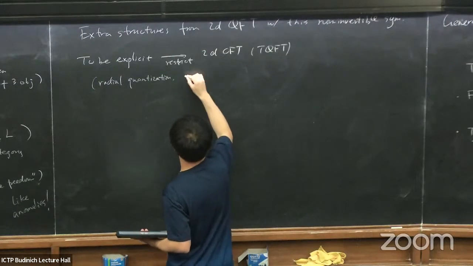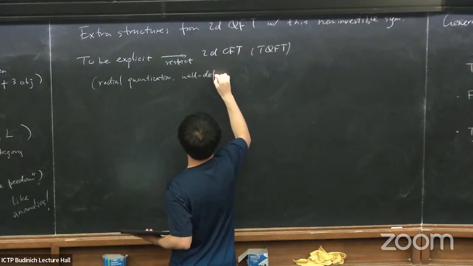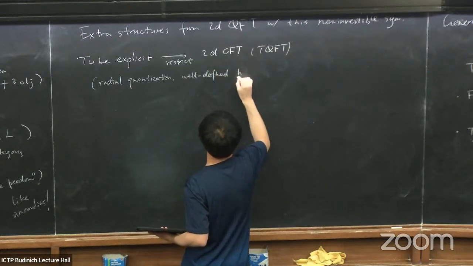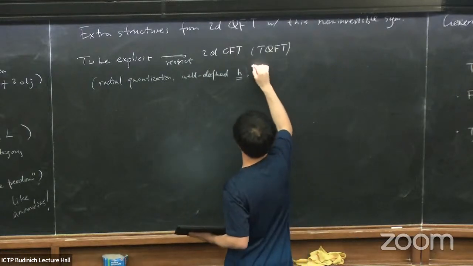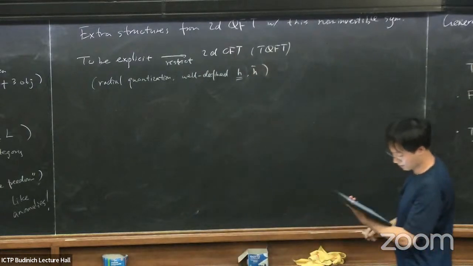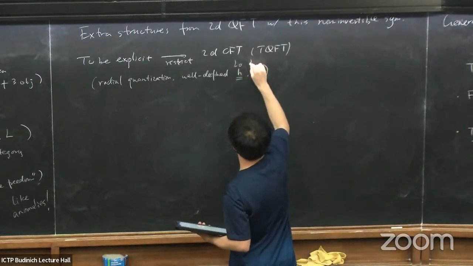On top of that, I have well-defined eigenvalues for the L0 and L0 bar generators of the conformal symmetry, and they are h bar and h. This is the only place where I'm really using the CFT structure.